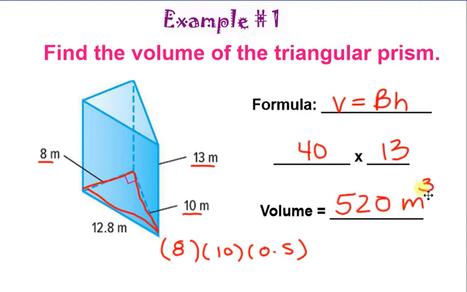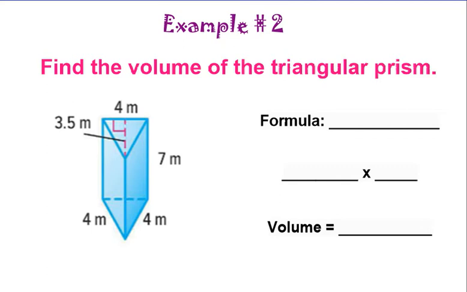Now the reason why we have meters cubed is because if you look at the entire formula, when you're finding the area of the base here, it would be meters squared, and then the height is just meters. So meters squared times meters is going to be meters cubed, because there's a 2 here and then there's an invisible 1 there.